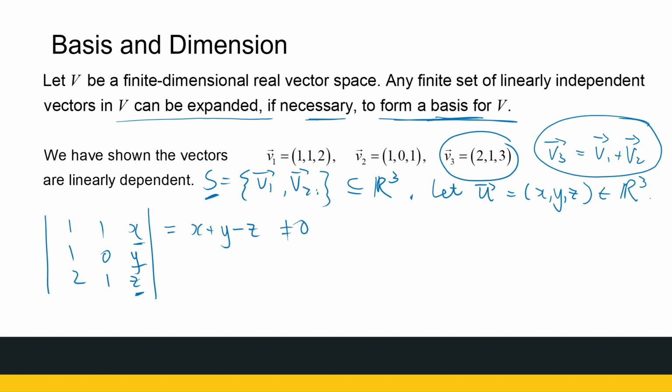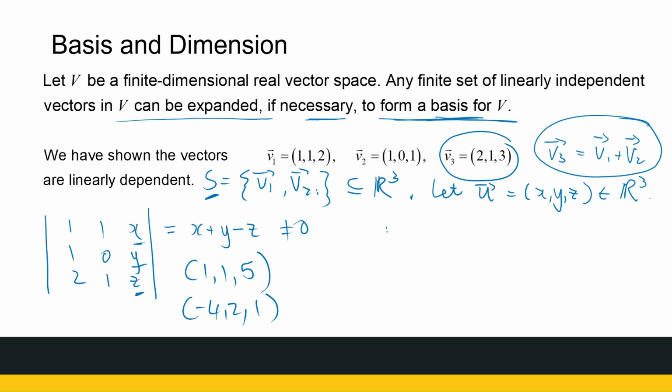So we just want to choose x, y, and z so x plus y minus z is non-zero. So you can literally generate an infinite number. You can have 1, 1, 5, because 1 plus 1 minus 5 is non-zero. Or minus 4, 2, 1. Minus 4 plus 2 minus 1 doesn't give me 0. So you can generate a whole lot for u.